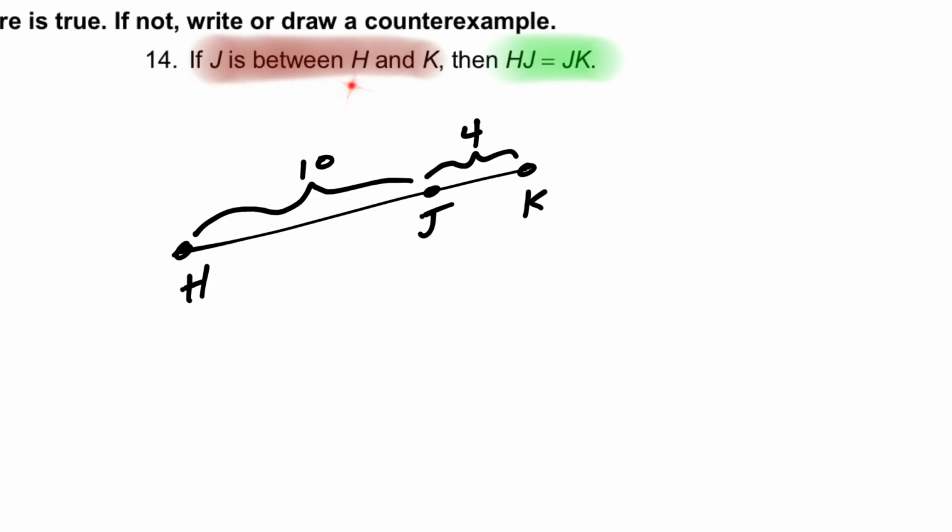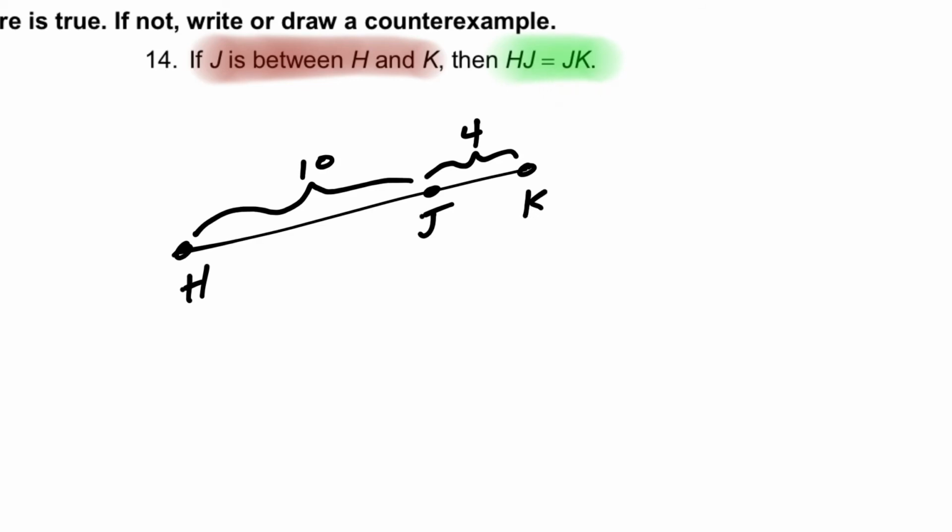My new drawing definitely satisfies this red part. It makes the red part true. J is between H and K, so they're definitely all on the same line. But J is just somewhere in between H and K. It's right here. It does not have to be right in the middle. And then you can see now that the distance from H to J is 10, and the distance from J to K is 4. So these are not equal.